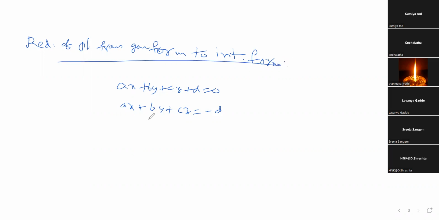At that time, we divide both sides by minus d. Then I have the equation as (a by minus d) x plus (b by minus d) y plus (c by minus d) z equals 1.